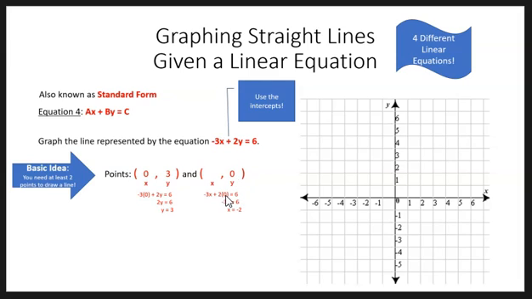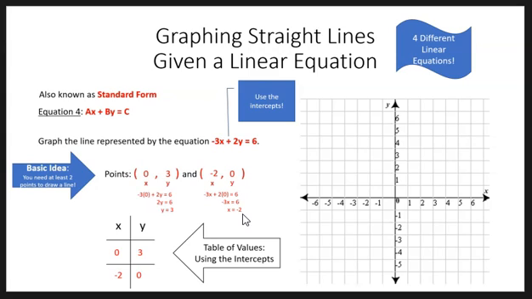This parentheses is replacing the y, and I plug in 0. 2 times 0 is 0. 0 plus negative 3x is negative 3x. So I now have a simple equation to solve. When you divide both sides by negative 3, you get that the x is negative 2. And I got my second point. And these 2 points, we call the intercepts.